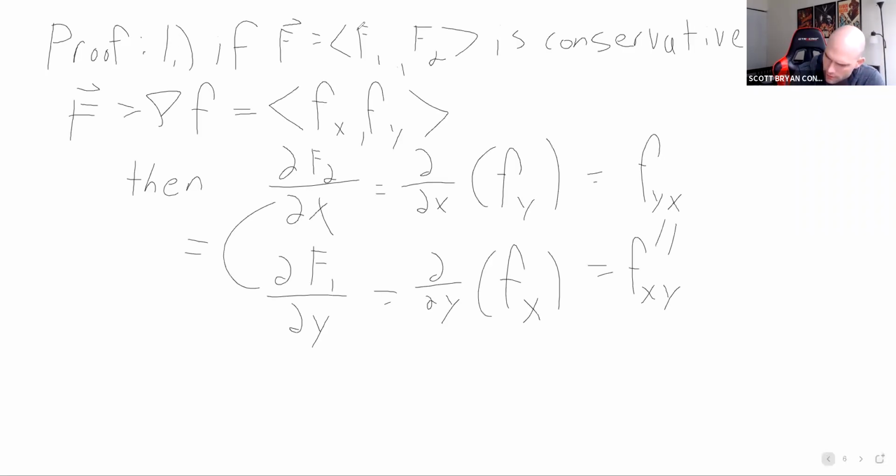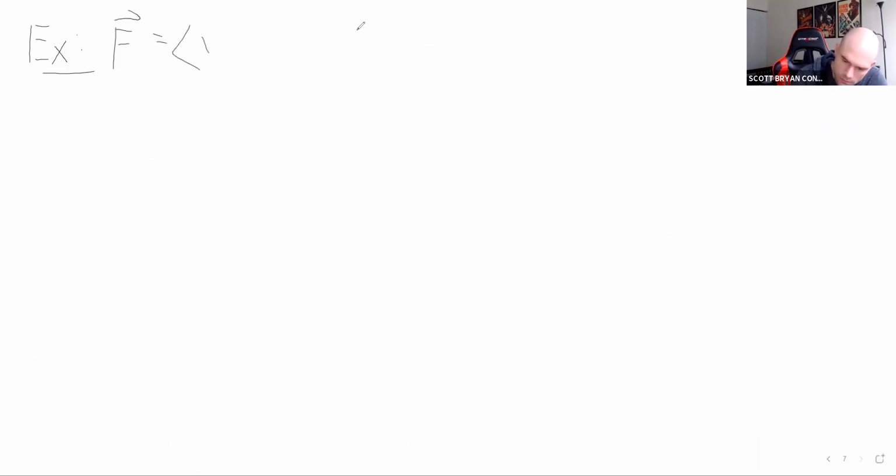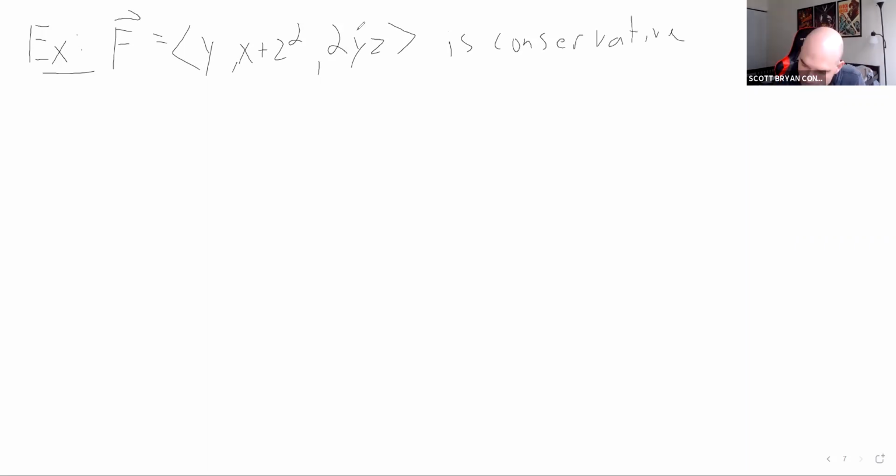Sorry, it was y, x plus z squared, 2yz. We showed earlier it was conservative. We found a potential function.